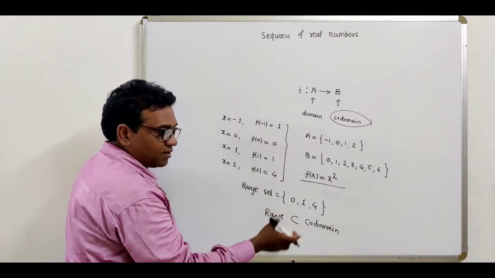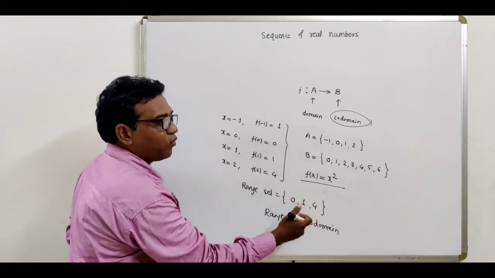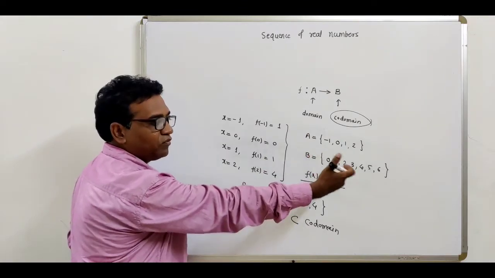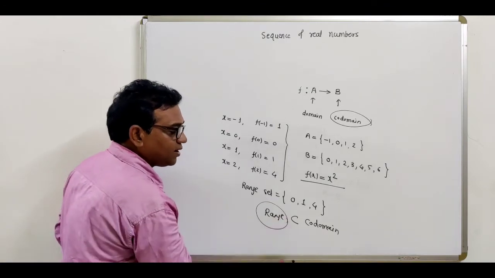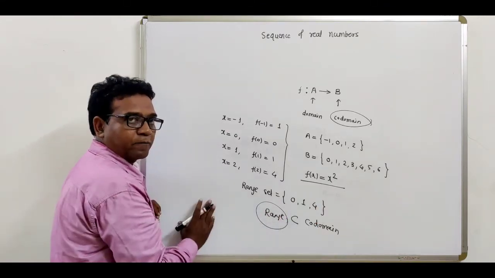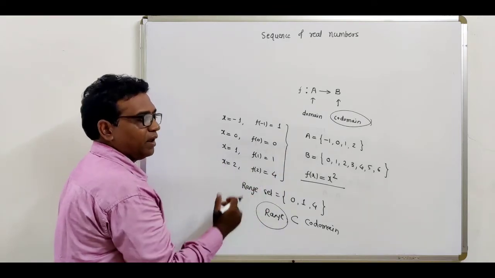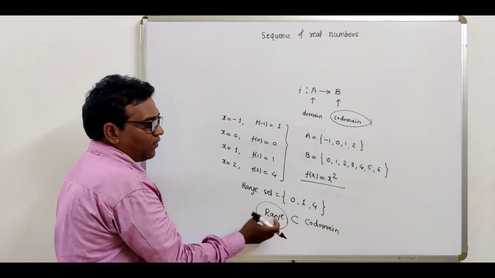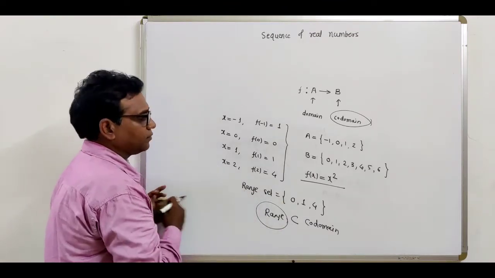We have found the range set equal to 0, 1, 4, and our codomain contains these 7 elements, 0 to 6. So always the range set is a subset of the codomain. Subset means it may be less or it may be equal. Remember this concept.